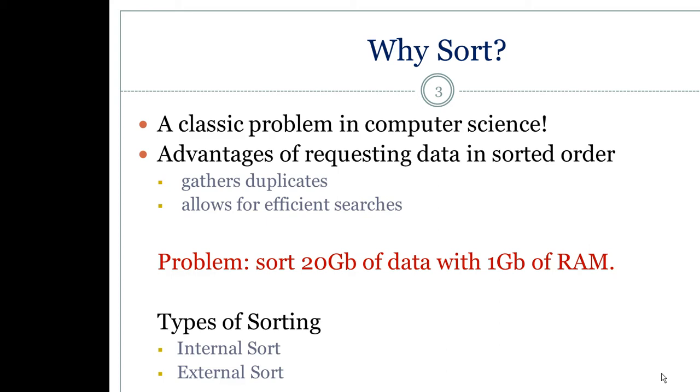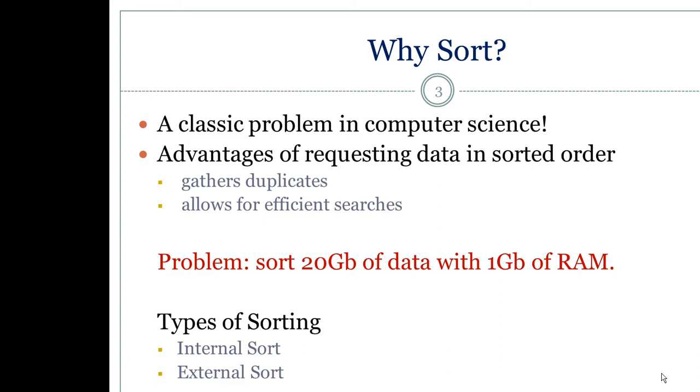So there are two types of sorting: internal sort and external sort. Internal sort, we have already studied, and different types of internal sorting. When the data to be sorted is loaded in primary memory RAM, then that sorting algorithm is called an internal sorting algorithm.